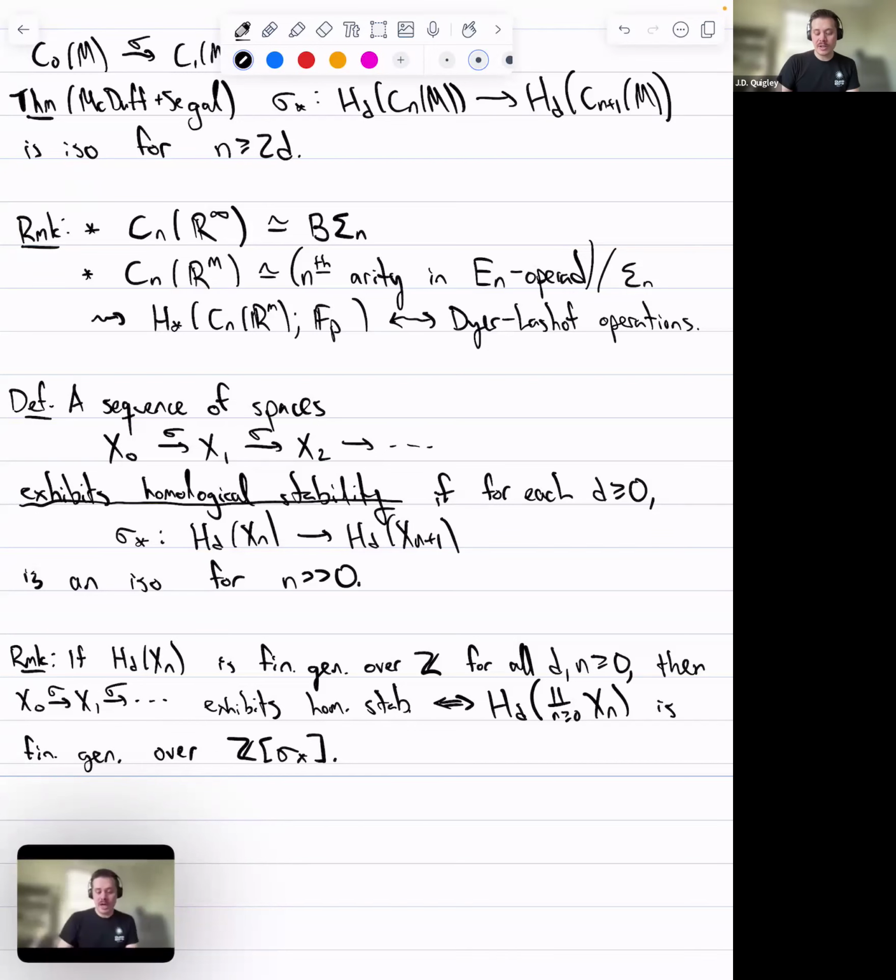And that sigma star acts on homology by writing it as a sum of the homology of the spaces and then shifting over using sigma.